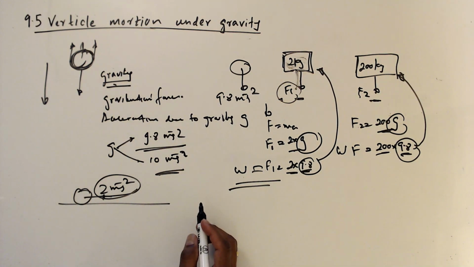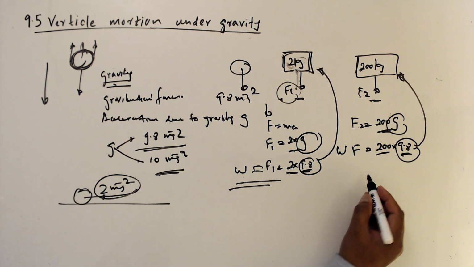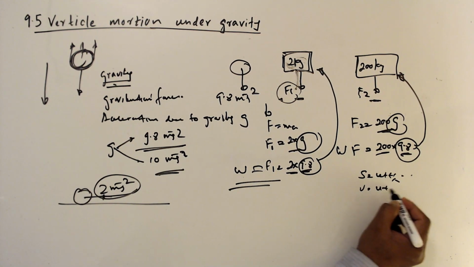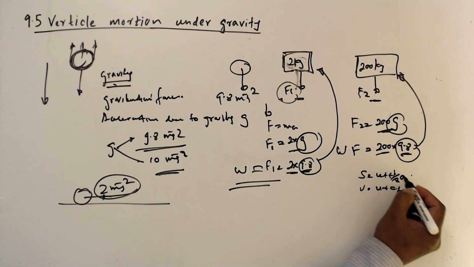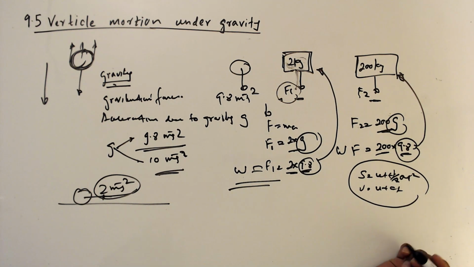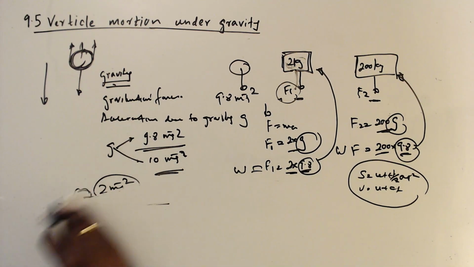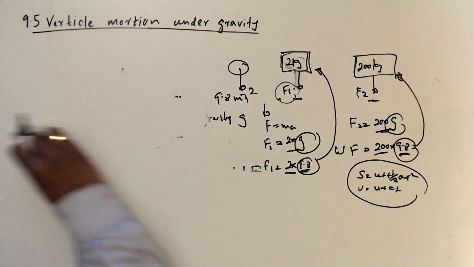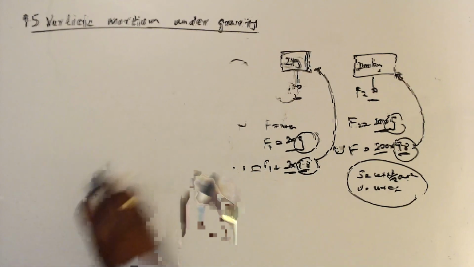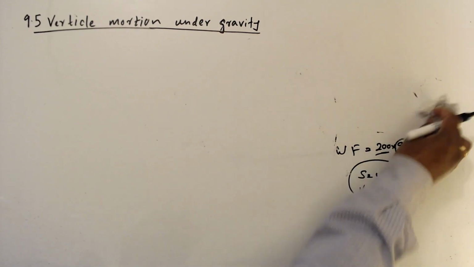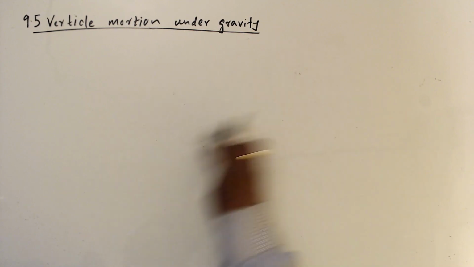When we work with this chapter, we use the normal equations s = ut + half at squared and v = u + at. Basically all the equations are derived from the velocity-time graph. We'll discuss the examples, then you will see how we can apply those equations to vertical motion.